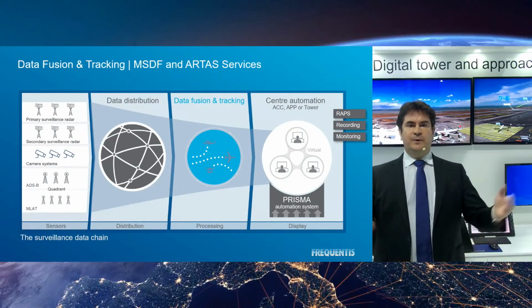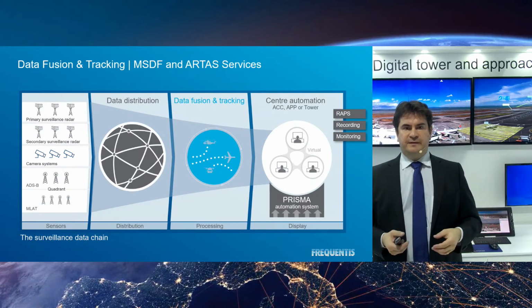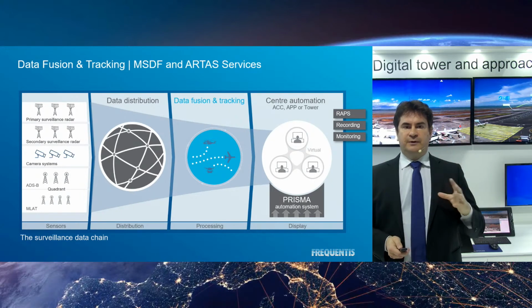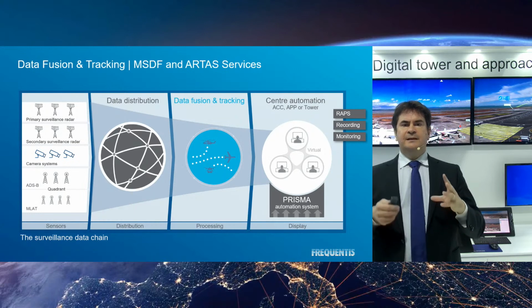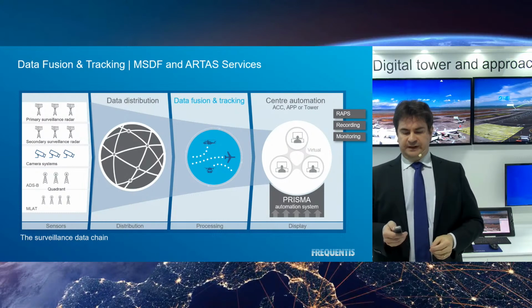The next step, when we have our data in our center, is the processing. So we take this large amount of raw data and we extract the information. This is done during the data fusion and tracking.